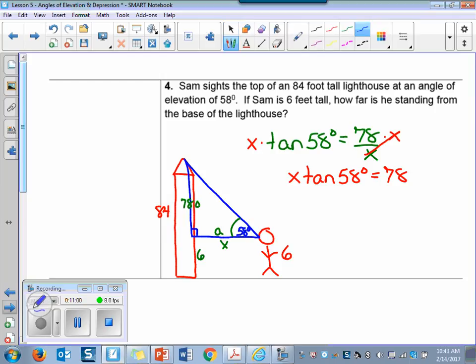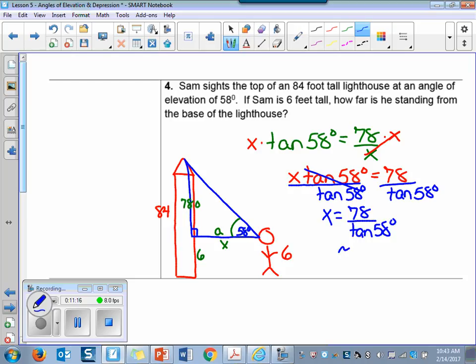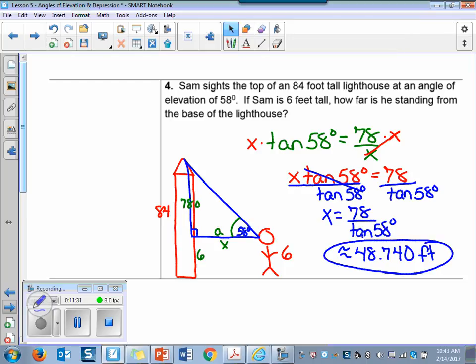Now I need to isolate x, so I divide both sides by tangent of 58 degrees. And x equals 78 divided by tangent 58 degrees. So let's see, 78 divided by tangent 58, and I get 48.740 feet. Watch your rounding on that one. That one was tricky.